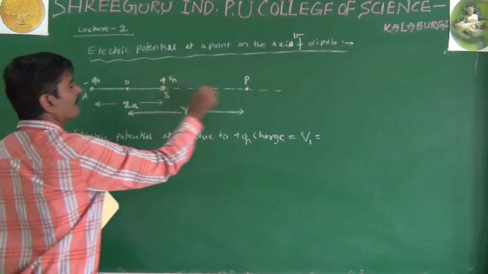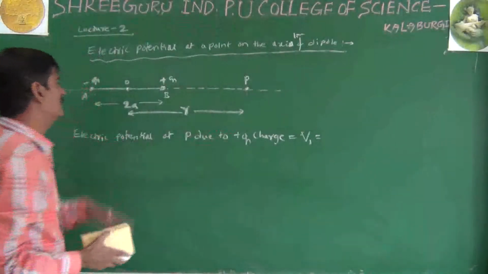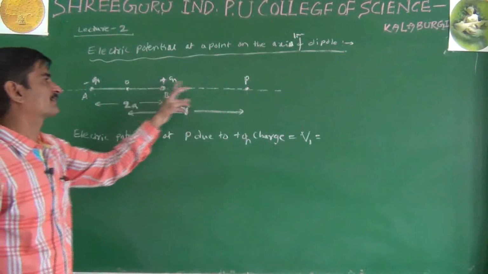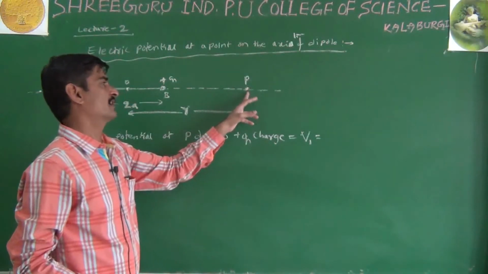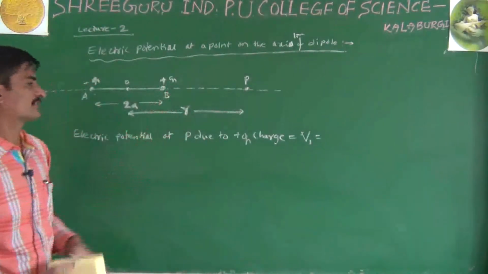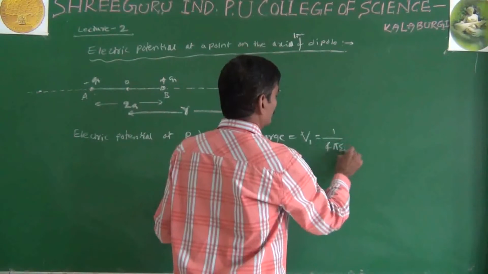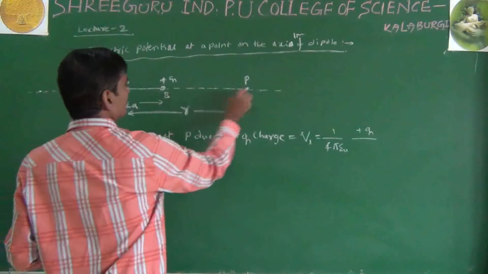Plus q charge is here, point P is here. From here to here, what is the distance you have to think? Forget about the minus q charge; assume only the plus q charge is there, and find the electric potential at point P due to it. That will be given by 1 by 4 pi epsilon naught, plus q divided by the distance between them. The distance is BP.